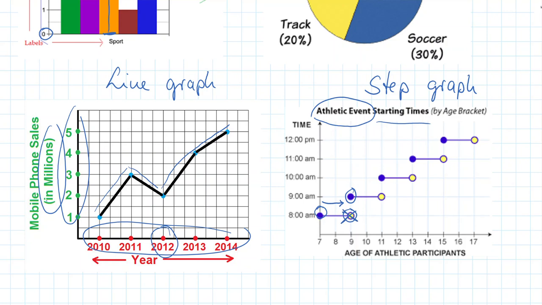Then from 9 a.m. you're having a different event, right? This would not be included. And then at 10 a.m., the next event is starting. So it's going up like a step, right? That's why it's called a step graph. You always have the horizontal lines, not the vertical lines, but they are arranged as a step.